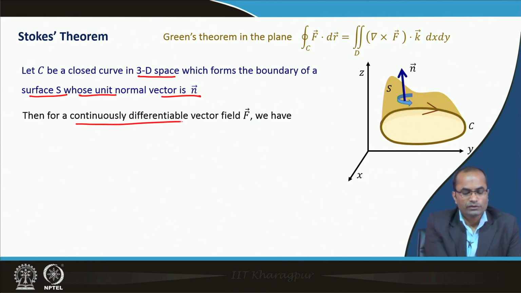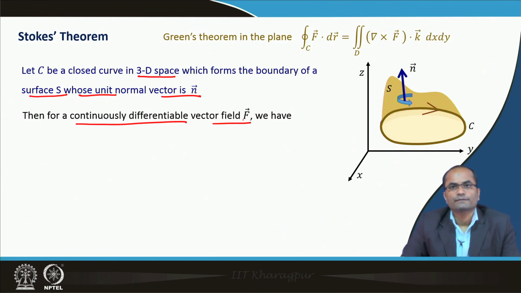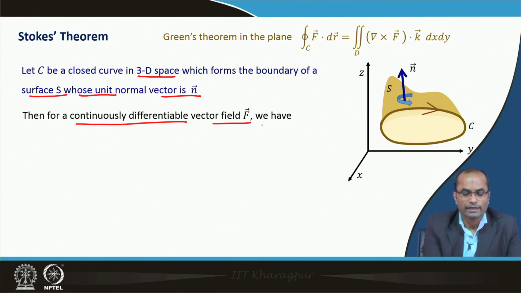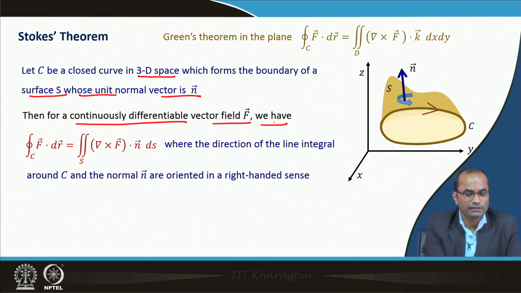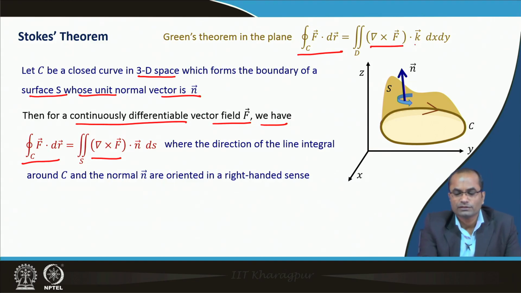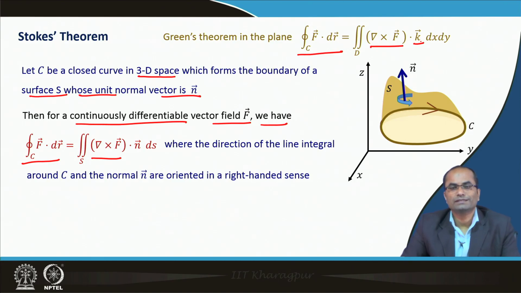Then, for a continuously differentiable vector field, now defined for 3 dimensions, the result we have is that the curve integral of f dot dr, the same integral as in Green's theorem, will be equal to the integral of curl f dotted with n. In Green's theorem the dot product was just with k, and k was the unit normal to the plane xy.